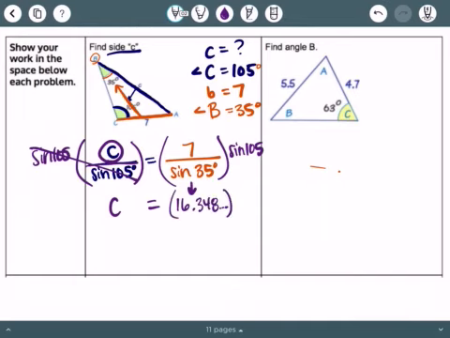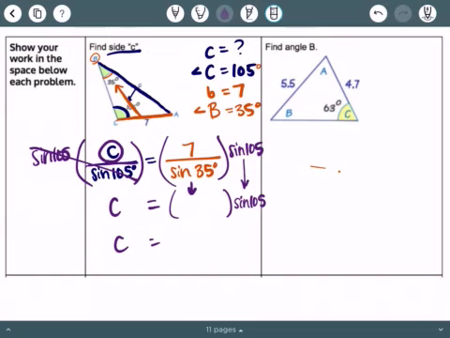I'm going to leave it in my calculator, and I'm going to multiply that times sine 105, and I'm going to get 15.866. And you know what, guys? I actually think that that is not correct, because my calculator is in radians. So let me grab my calculator and put it in degrees this time.